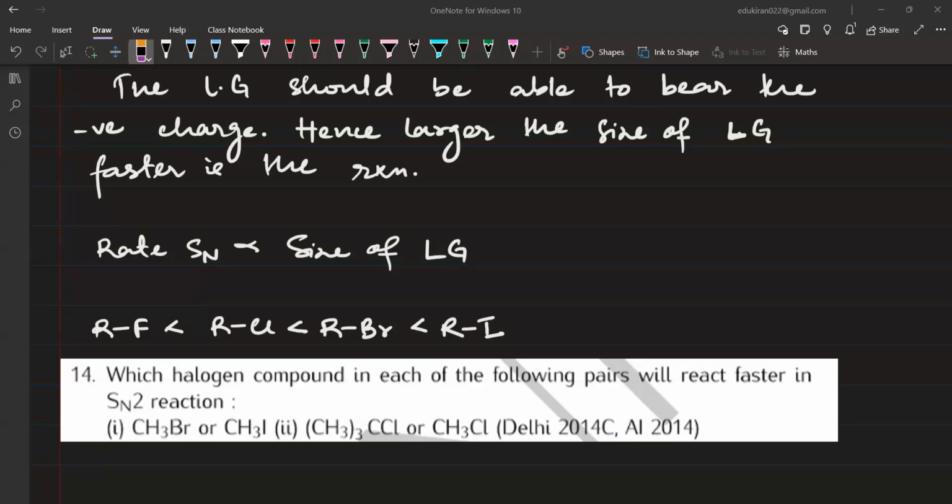You can send the answer like this: A will be more reactive, or B. This is the A structure, this is the B structure.